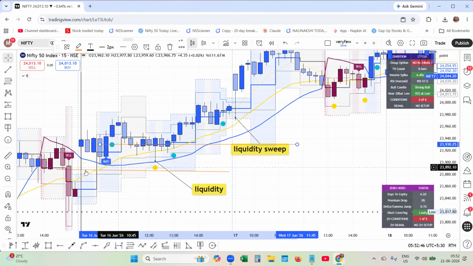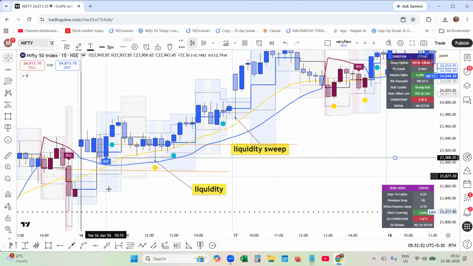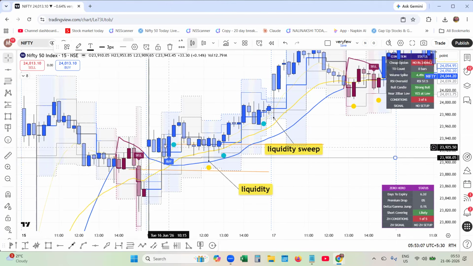When the buy signal is continuously plotted, you can comfortably keep a price line over here, 23,998, as your watch list. And even if the price briefly sweeps the liquidity and closes inside, you can be confident enough to be in the trade with the positive bias.